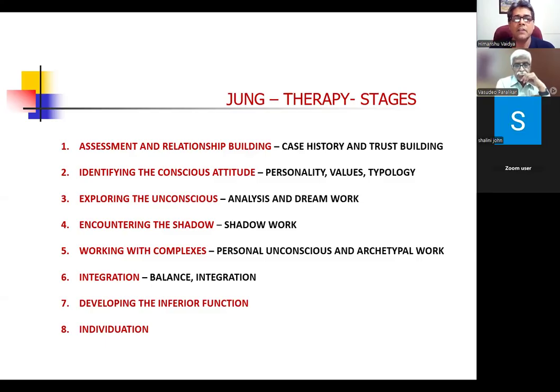Fourth is working with the shadow, what we call shadow work. Step 5 is working with the complexes. Step 6 is integration. Actually, it is both balance and integration. 7th is developing the inferior function. And 8th is individuation. So let us go into it one by one.